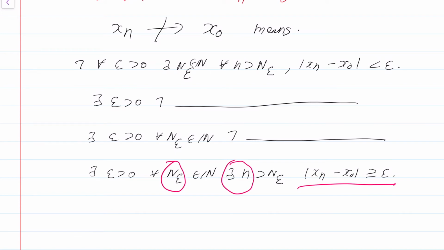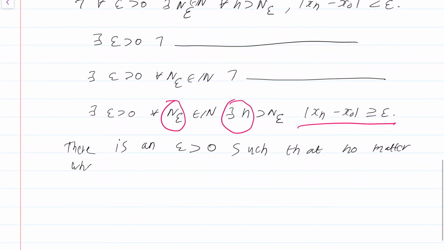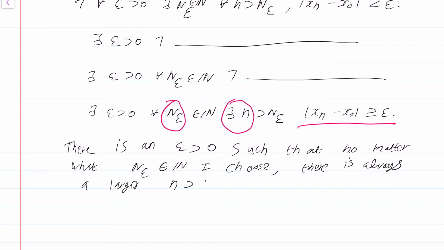There is an epsilon greater than 0 such that no matter what n epsilon in the natural numbers I choose, there is always a larger natural number n such that mod xn minus x naught is greater than or equal to epsilon.